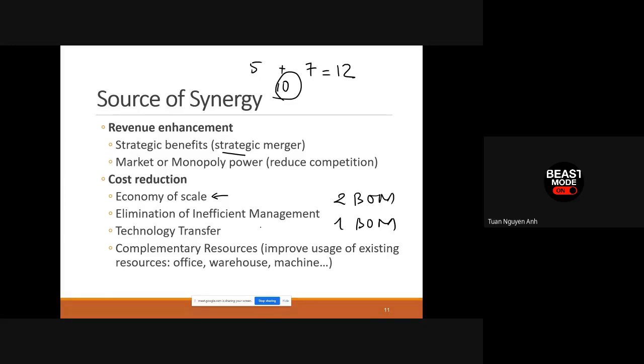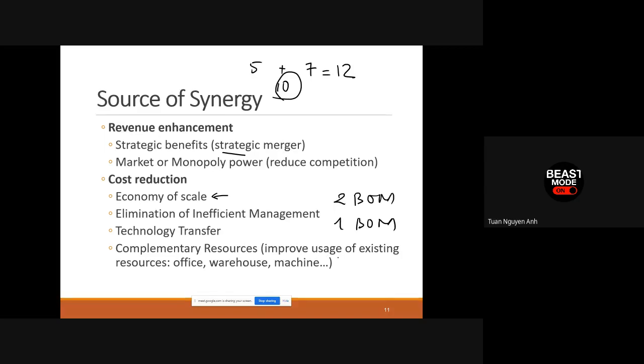So if we need that patent for our product, we can buy that company to get that patent. So sometimes the synergy comes from the patent ownership. Or the other example from the cost reduction is complementary resources.